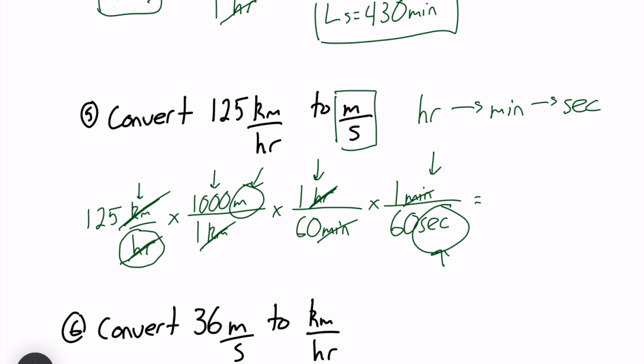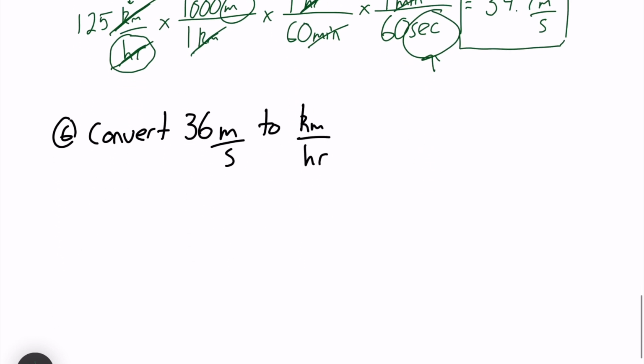So we have 125 multiplied by, because it's on top, 1,000, divided by 60, because it's on the bottom, and divide by 60 one more time, because it's on the bottom as well. And you should end up with 34.7 meters per second. That is going to be our final answer. So 125 kilometers per hour is equivalent to 34.7 meters per second.